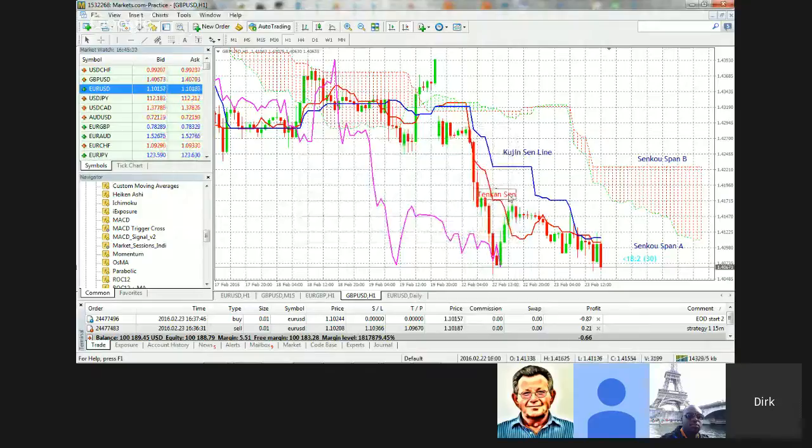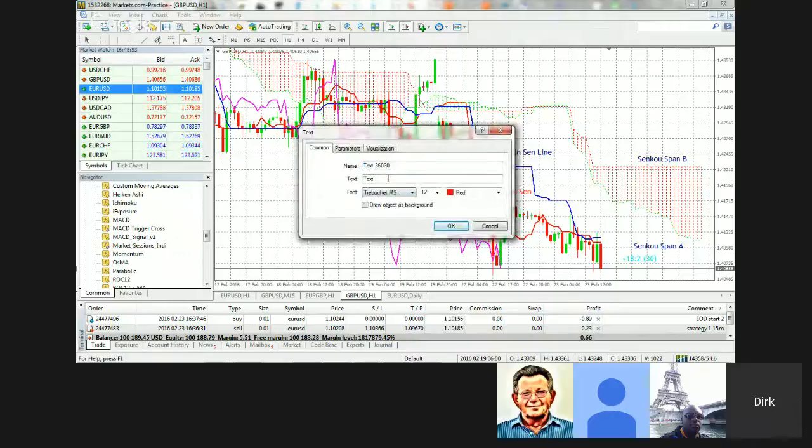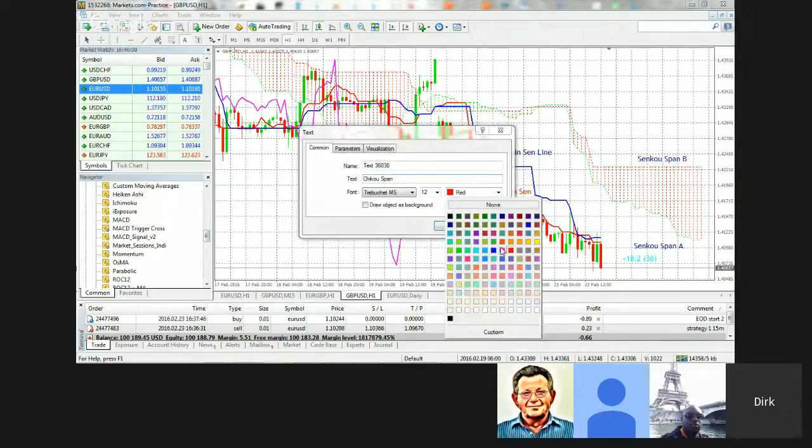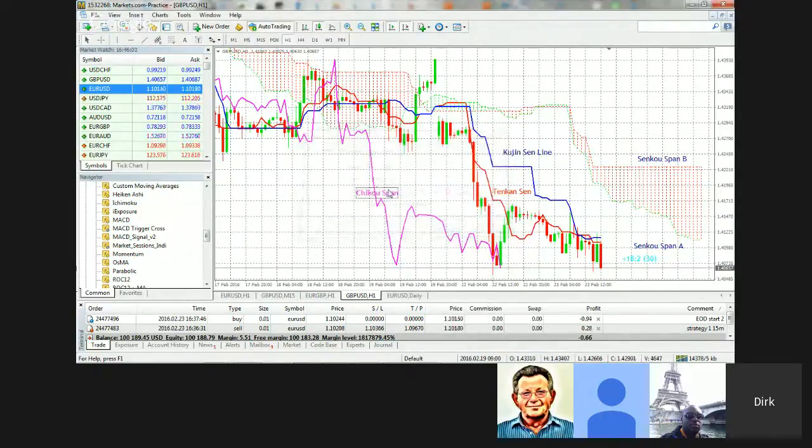There we go. Perfect. And then obviously the purple one over here, or magenta as the platform loves to call it. Let's quickly get that set. That is what we call and refer to as the Chikou span. There we go. Right, so those are the 5 lines that the Ichimoku consists of.